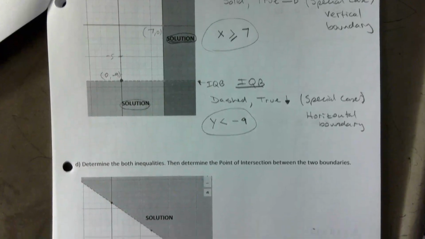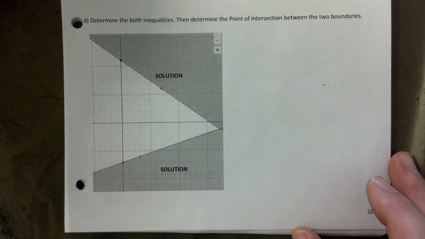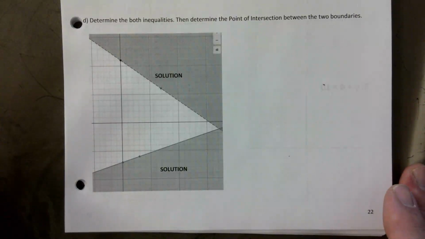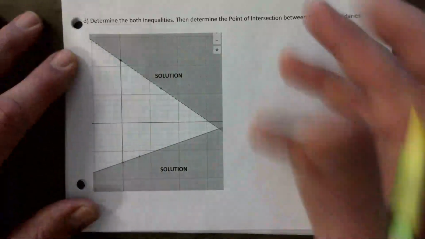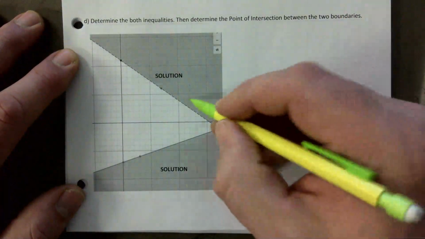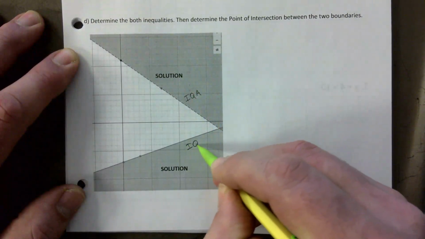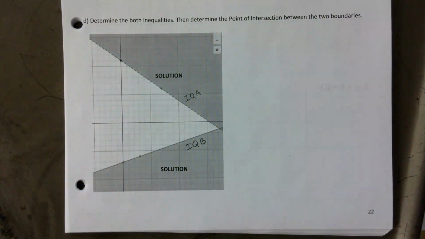All right, let's keep going. These are diagonals. You know these are not special cases. Determine both inequalities, then determine the point of intersection between the two boundary lines. We'll do that in a bit. We'll call this inequality A, and we'll call this one inequality B. If it's not clearly labeled, you just go for it.